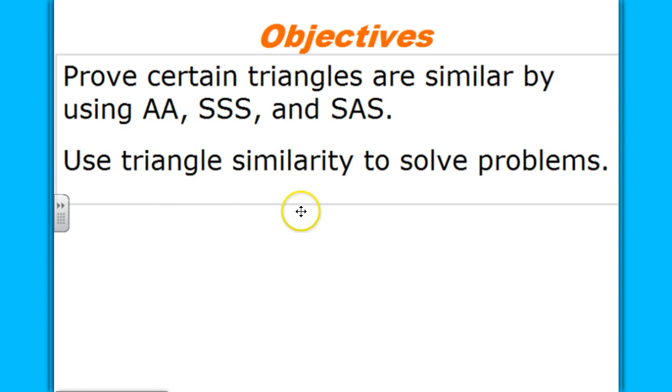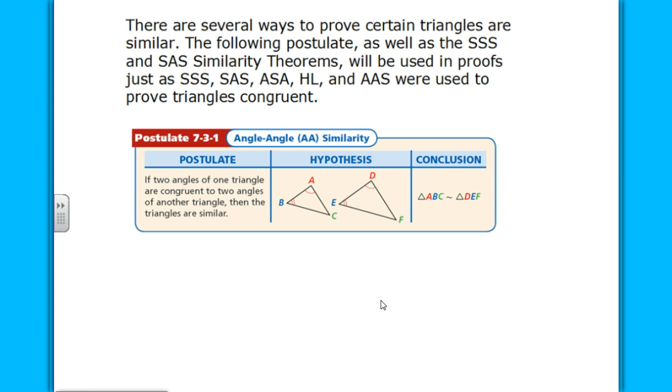Okay, and then tomorrow you're going to use triangle similarity to solve problems. So there'll be some proofs tomorrow, but today is going to be the easier day. So there's several ways to prove triangles similar. And again, it goes to the fact that similar figures have congruent angles and then proportional corresponding sides, right? So this postulate is the angle-angle similarity postulate or theorem, and we might be using it.